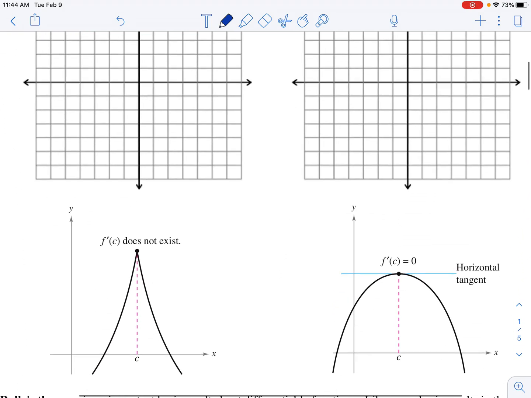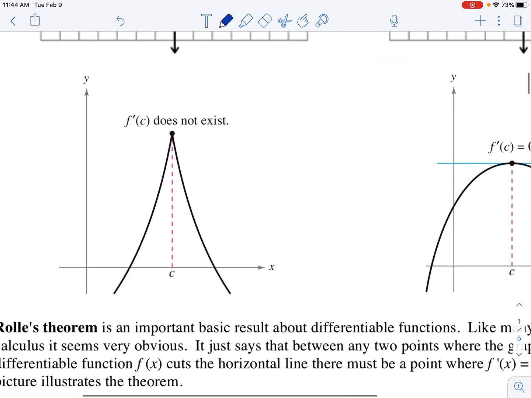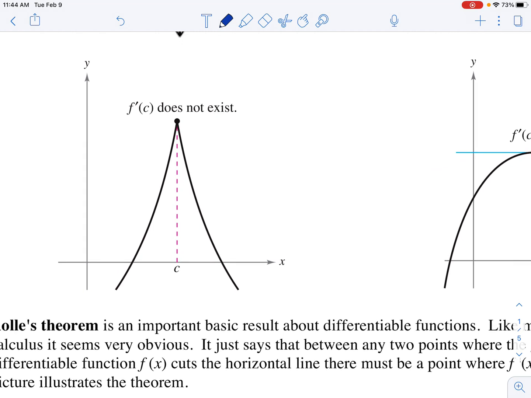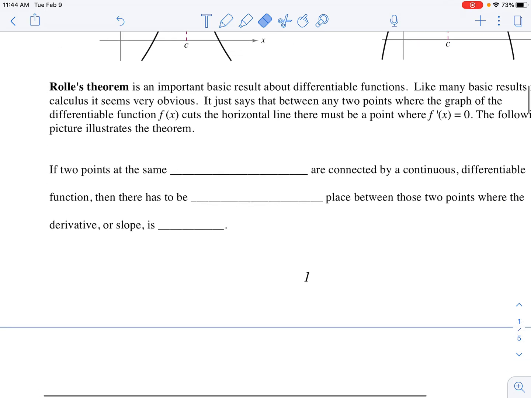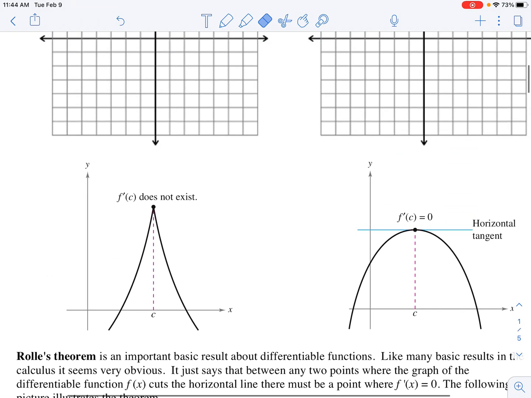Now, if we look at this graph right here, this happens to be continuous right here, but it is not differentiable at this point right here. No, it's not an asymptote.